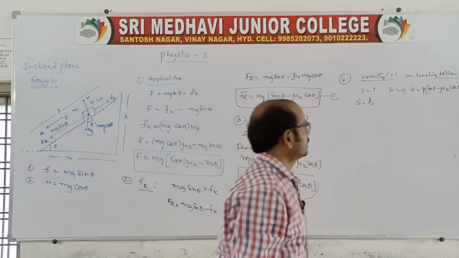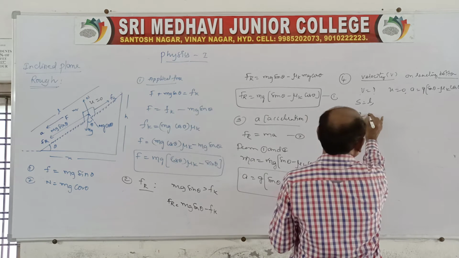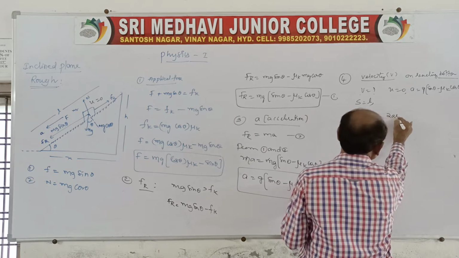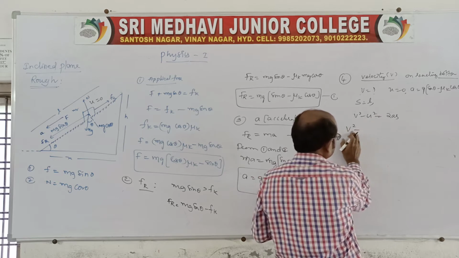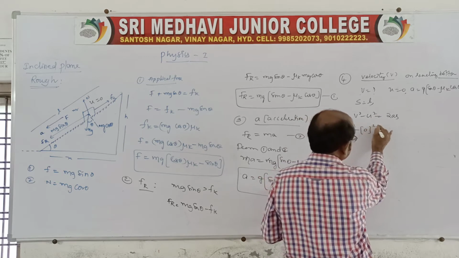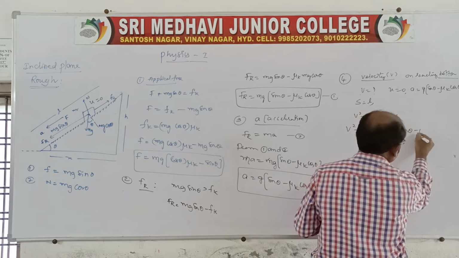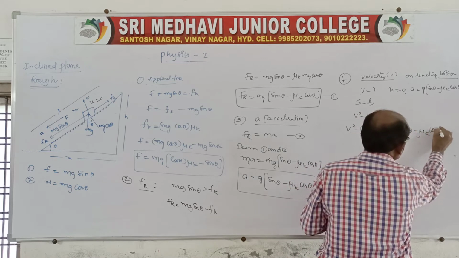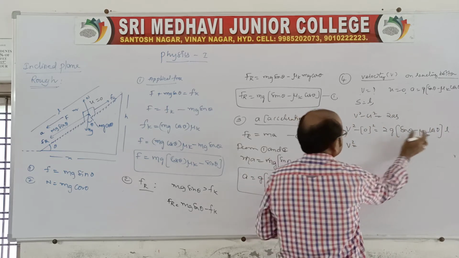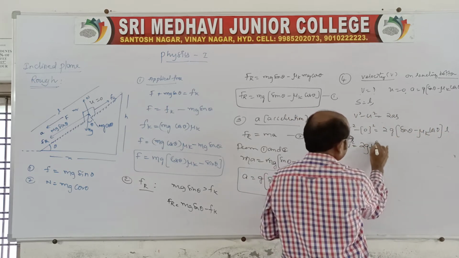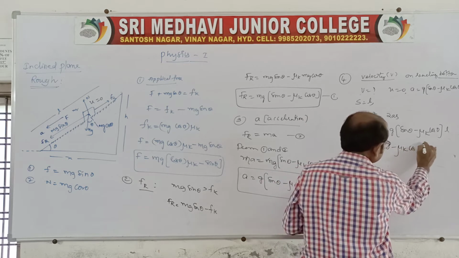This information you now substitute in the equation of motion: V square minus u square is equal to 2as. Here V we have to get, and u is given as 0, so 0 square, 2 into g within the bracket sin theta minus mu k cos theta, into s given as L. So V square is equal to 2gL of sin theta minus mu k cos theta.